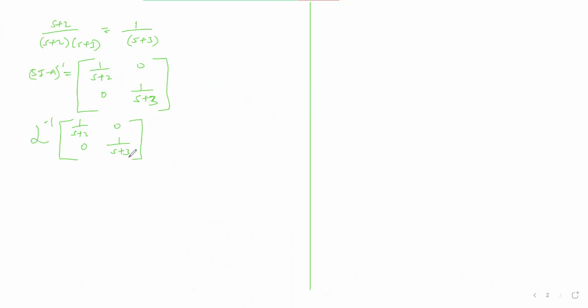And I told you wakati unapata hizo factors a function can be written in terms of factors. That one, the Laplace inverse, is an exponential function. What do I mean? It means that if you have a function f of t, na function yake ni e^at, the Laplace ya hii function, Laplace ya e^at gives you 1 over s minus a.